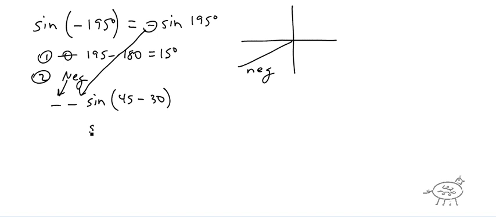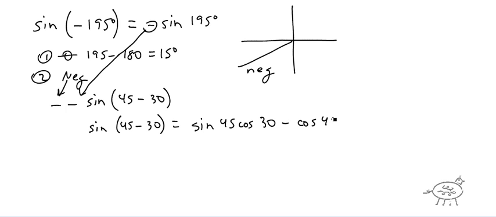So it's really positive sine of 45 minus 30, which is just sine of 45, cosine of 30, and then it's minus, so it's minus here, cosine of 45, sine of 30.